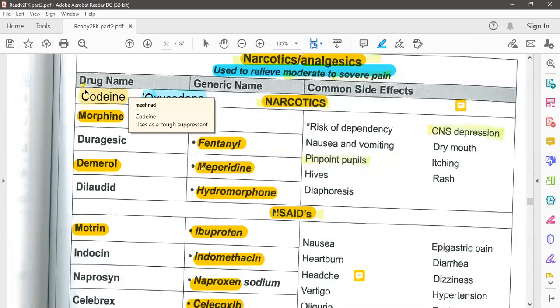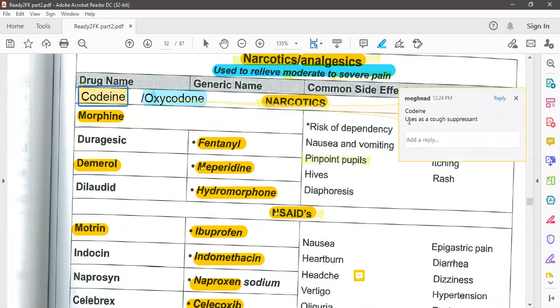What about codeine? Codeine is an opioid, but it has properties we can use as a cough suppressant.